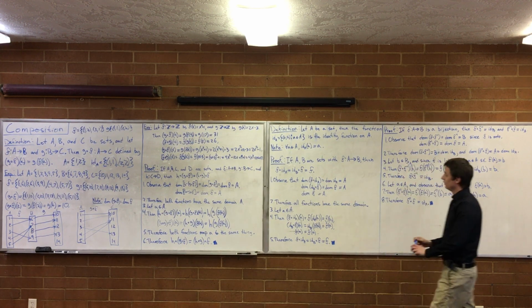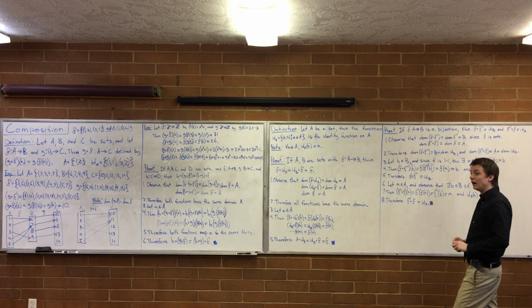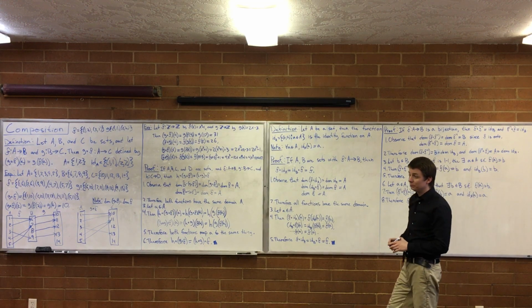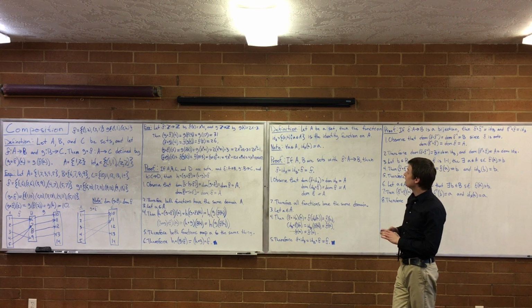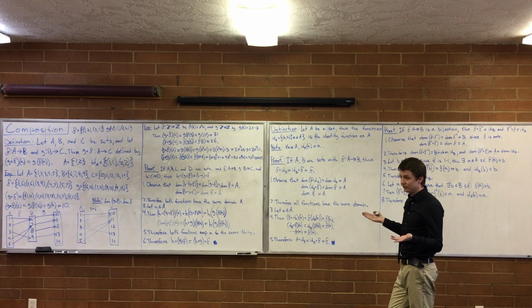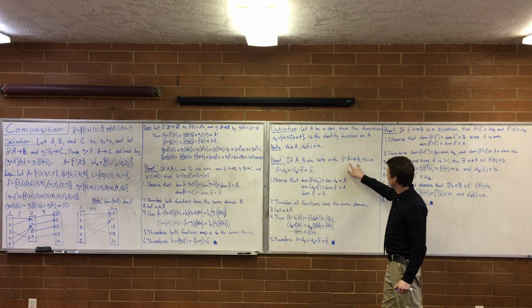So wait, identity of B? Yeah. The function that maps every element in B to B. B is a set, right? So ID_A and ID_B are the same thing. No, I mean, they're different, but they're both identity functions.